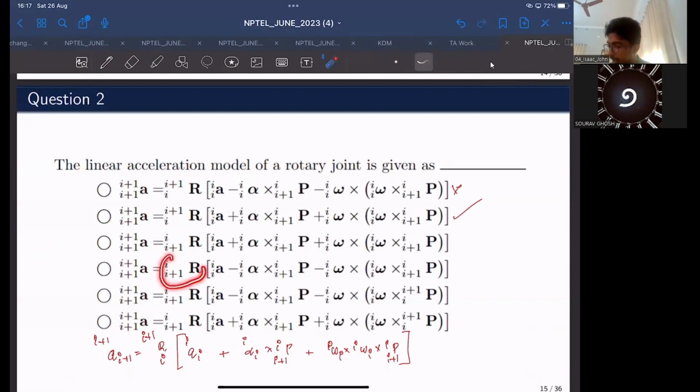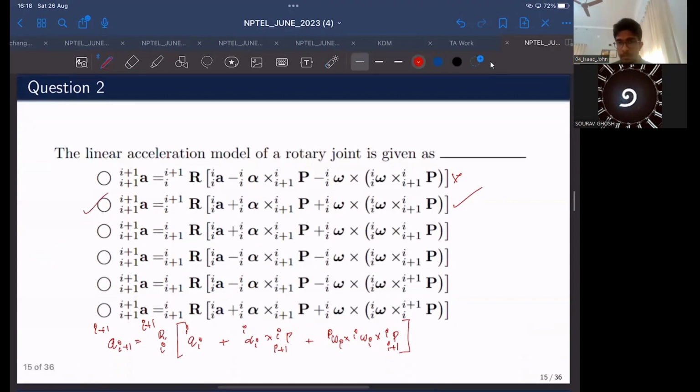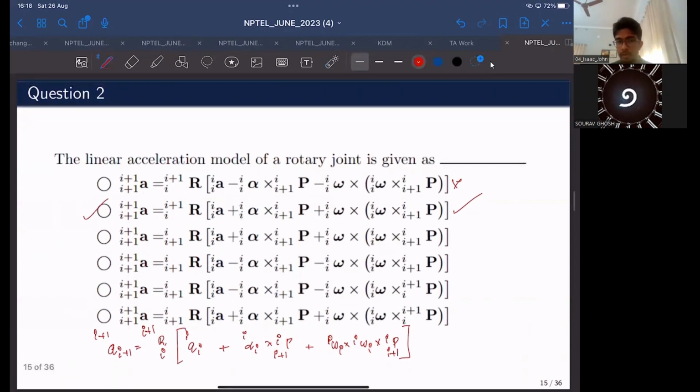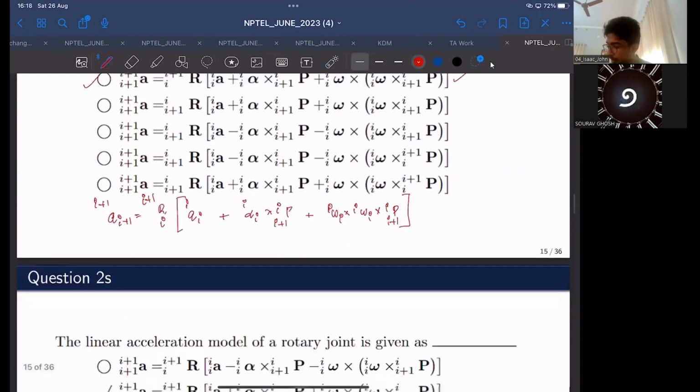So these are not the correct rotation matrices. We want to bring the rotation matrix from the I to the I plus 1 frame, not I plus 1 to I frame. So in that regard, these two are false. Here we have a minus sign over here, and this expression also is inverted. So the correct option is option B. Okay, yeah. Thanks for responding, Saurav.